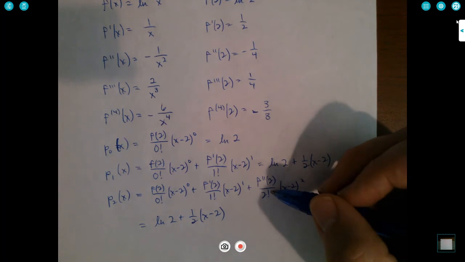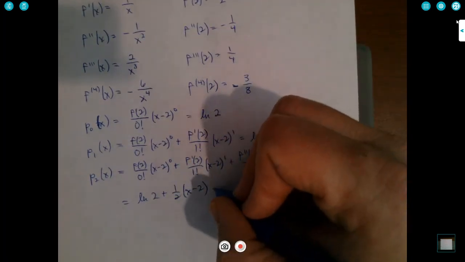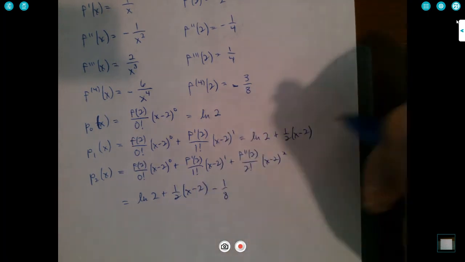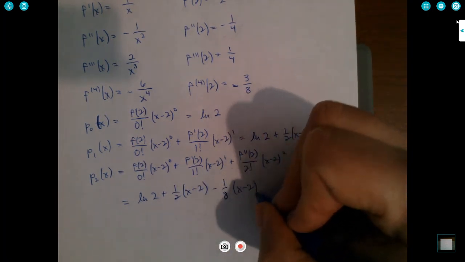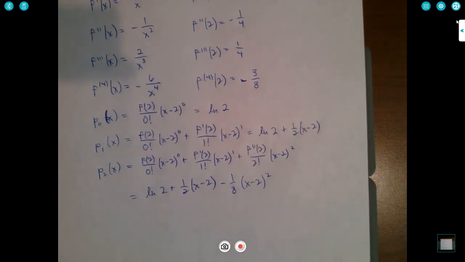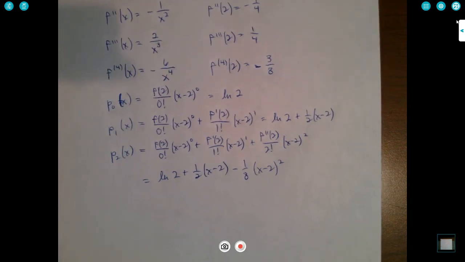So 4 times 2 factorial is 8, right? So that's negative, so it's going to be minus 1/8 times x minus 2 squared. Now we could simplify that for sure. I mean, we could FOIL this out and combine like terms and then distribute the 1/2 here, combine like terms and everything. Oh, goodness gracious. Should we do that? Let me see if the textbook wants you to do that.